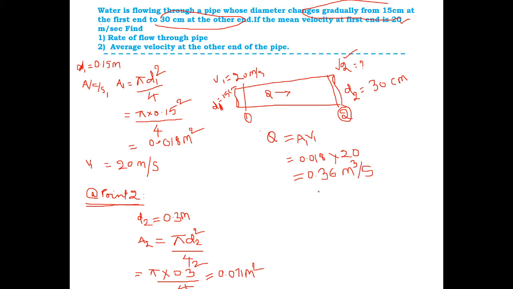Meter cube per second. Then you will find out the velocity at point 2. You know the discharge. You know area 1 into velocity 1. That is A1 V1 is equal to A2 V2.